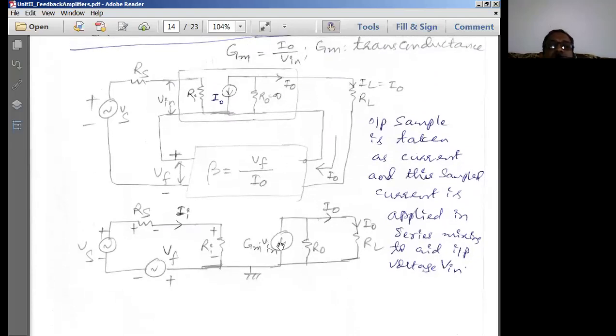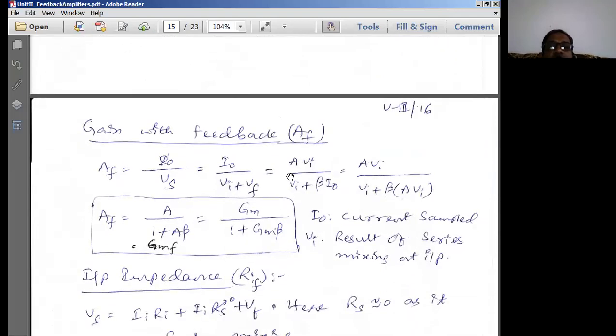I naught is equal to Gm into Vi. So Gm is nothing but A, the gain of the amplifier in general. So A into Vi by Vi into 1 plus beta times I naught. I naught is equal to A into Vi. So Vi I'll take common, Vi will get cancelled. I'll be getting the relation as A by 1 plus A beta. So I can write this as Gmf is equal to Gm by 1 plus Gm beta.